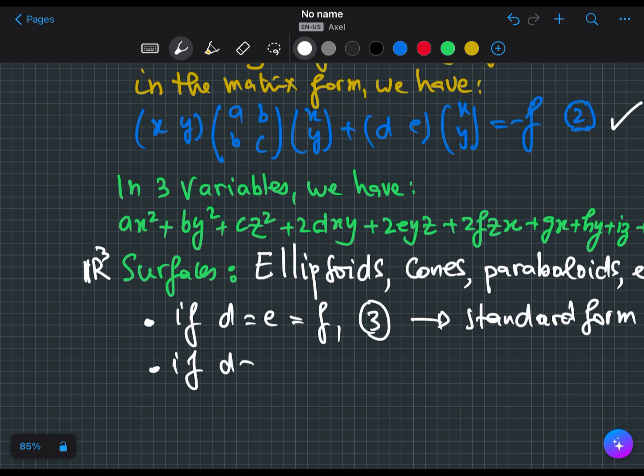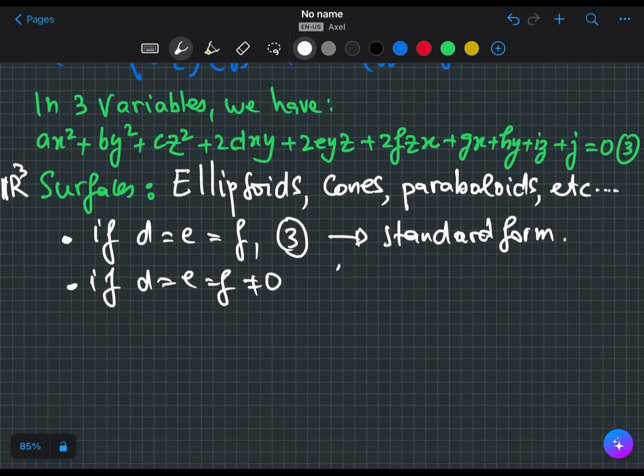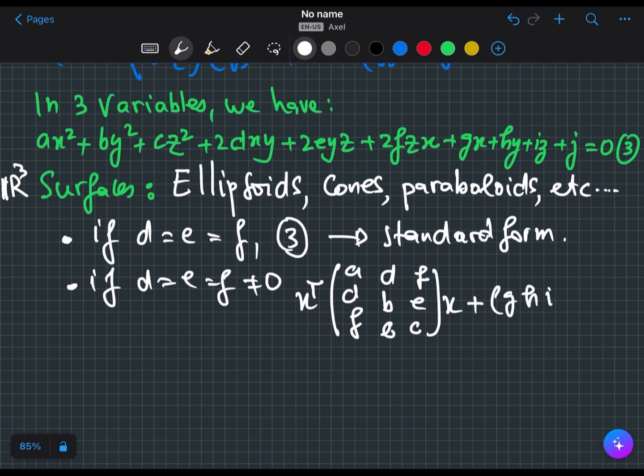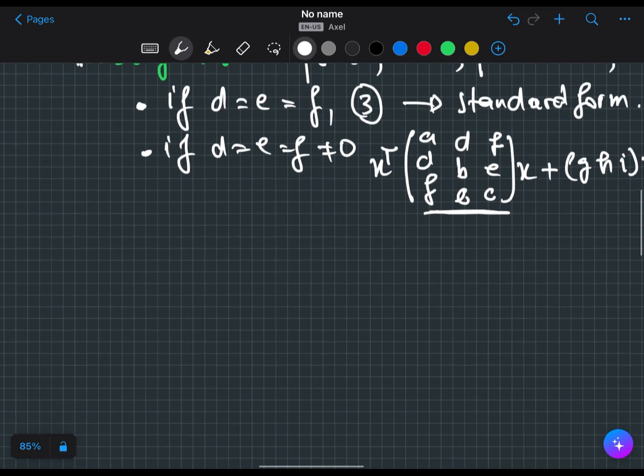But in the other case, if d, e, or f are different from 0, then we can rewrite equation 3 in its matrix form, which will be x transpose times the matrix a, d, f; d, b, e; f, e, c, times x, plus the vector g, h, i times x, equals minus j. This is equation 4. So again, please notice that this matrix is symmetric. Now, let's dive into this awesome example together.